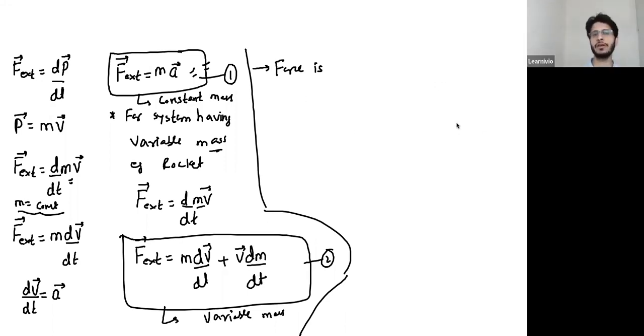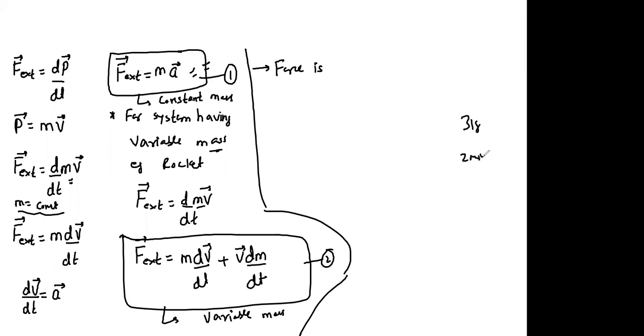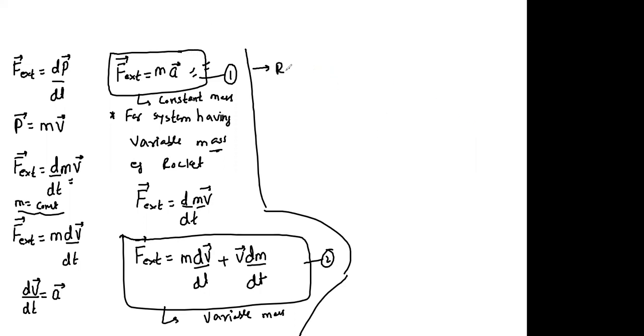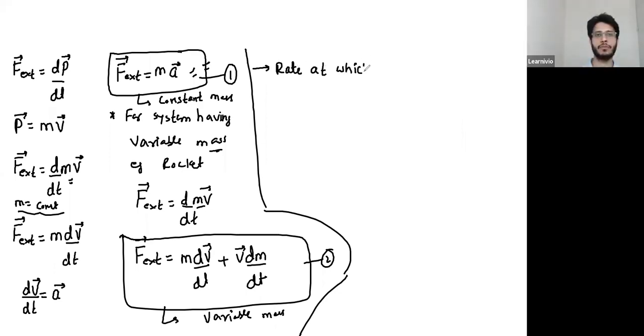If in a question it is given that 3 kg of fuel burns in a rocket in 2 minutes, then dm by dt is 3 by 120 kg per second. So here dm by dt is the rate at which mass changes.